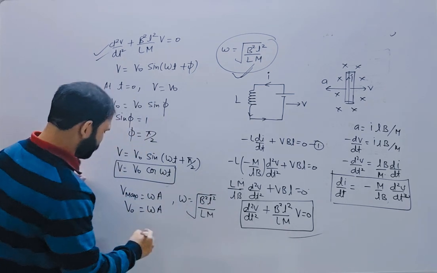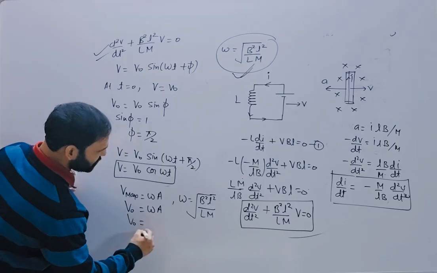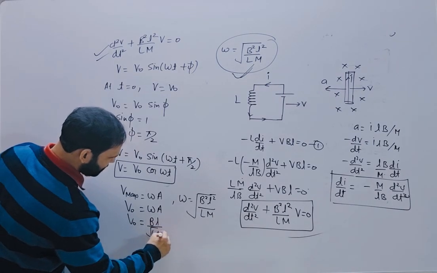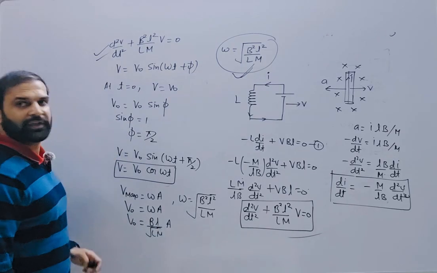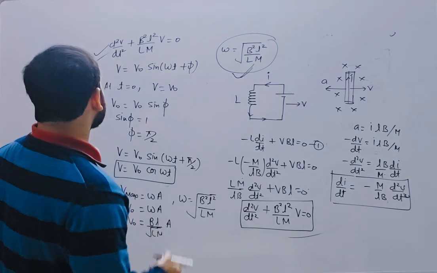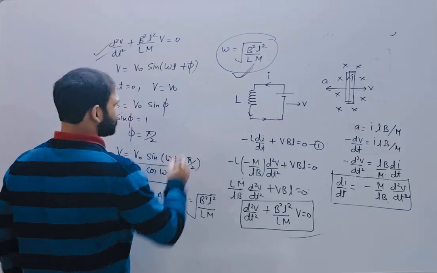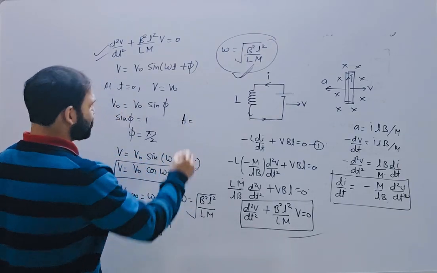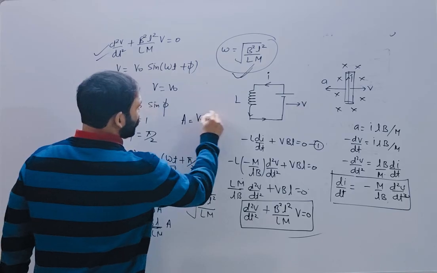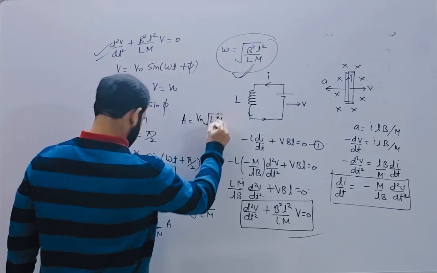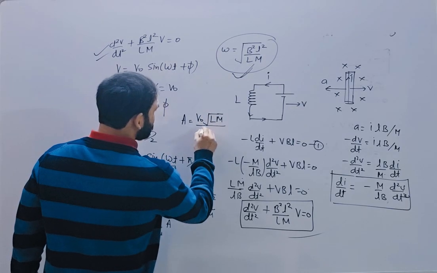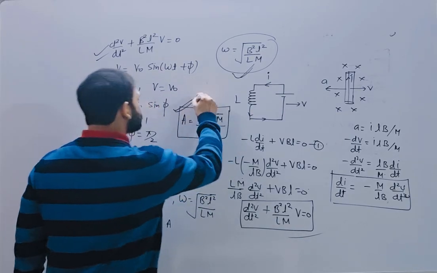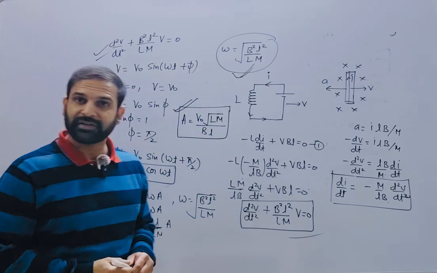Then we substitute this value. So v naught is equal to BL by root Lm into A. So the amplitude of this motion we can write as A is equal to v naught root of Lm divided by BL. That is the amplitude of this rod which is under SHM condition.